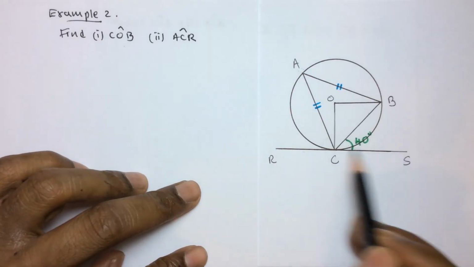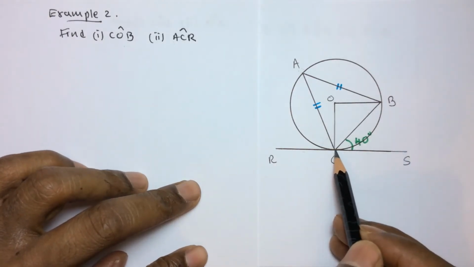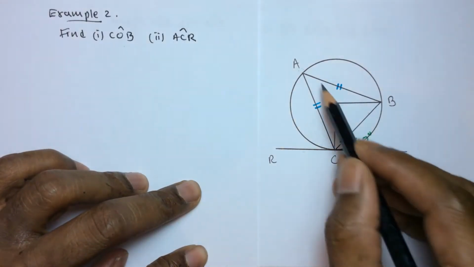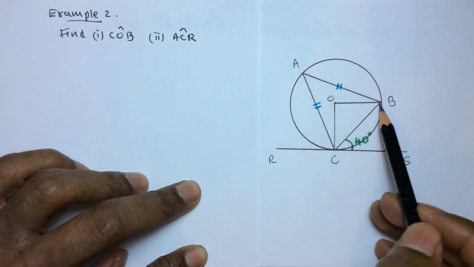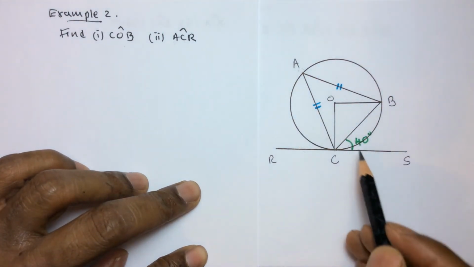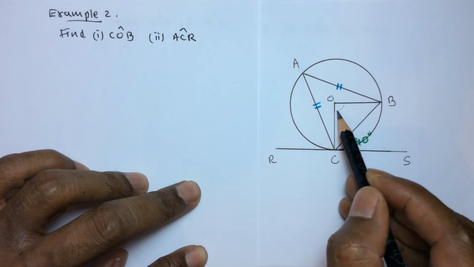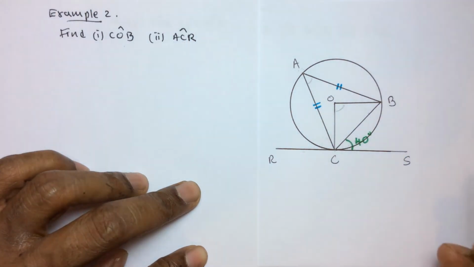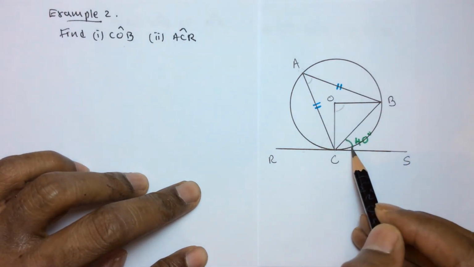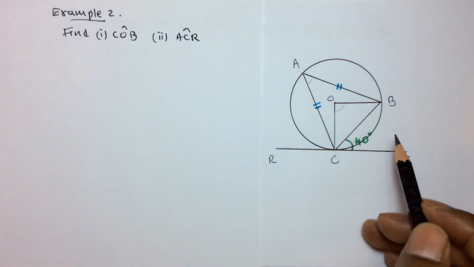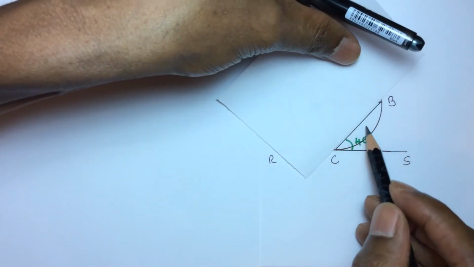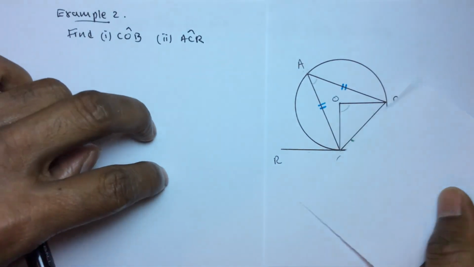We have a tangent, RS, with contact point C. We have isosceles triangle ABC. We have the angle at the center here, and this is an angle at the circumference. We have angle 40 here, and we have two segments here, one segment and another segment.